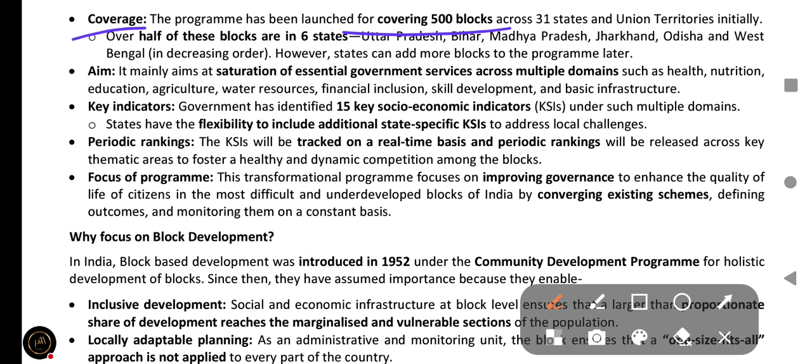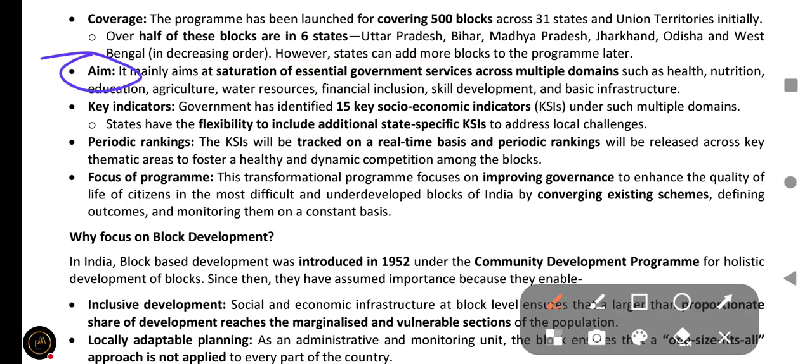Okay, so here over half of these blocks are in 6 states: Uttar Pradesh, Bihar, Madhya Pradesh, Jharkhand, Odisha, and West Bengal in decreasing order. However, states can add more blocks to the program later. And what was the aim?